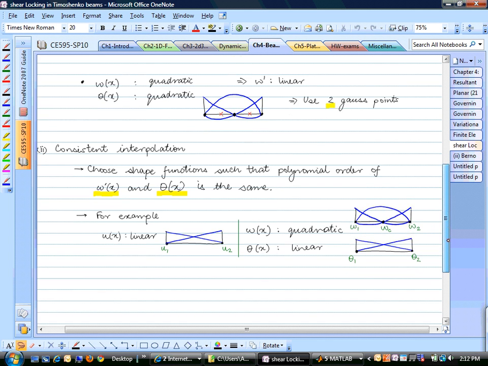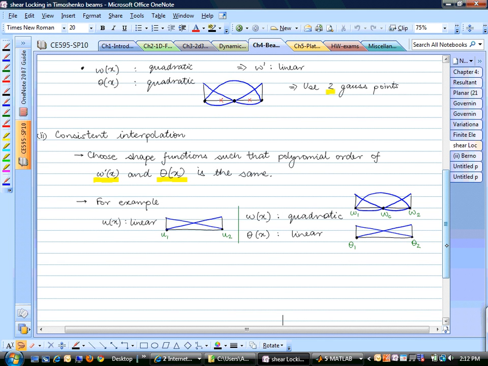In this case, the element degrees of freedom have a slightly different structure. You have u1, u2, you have w1, wc, which is the center node, w2, theta 1, theta 2.